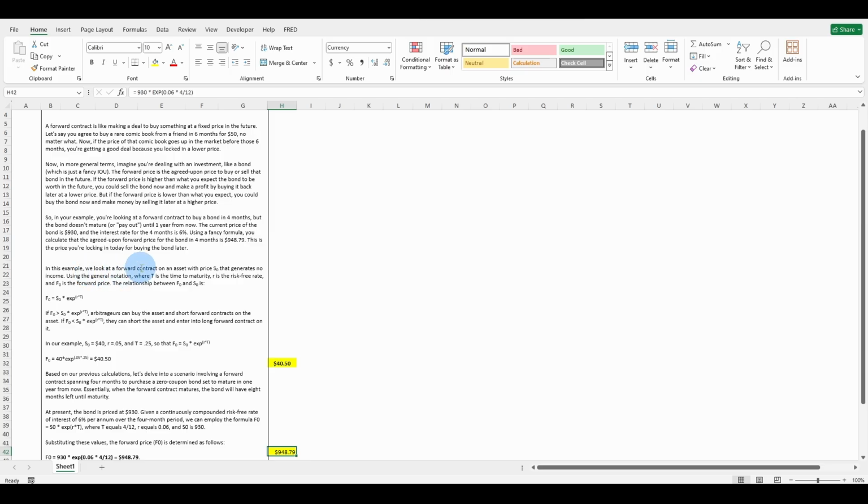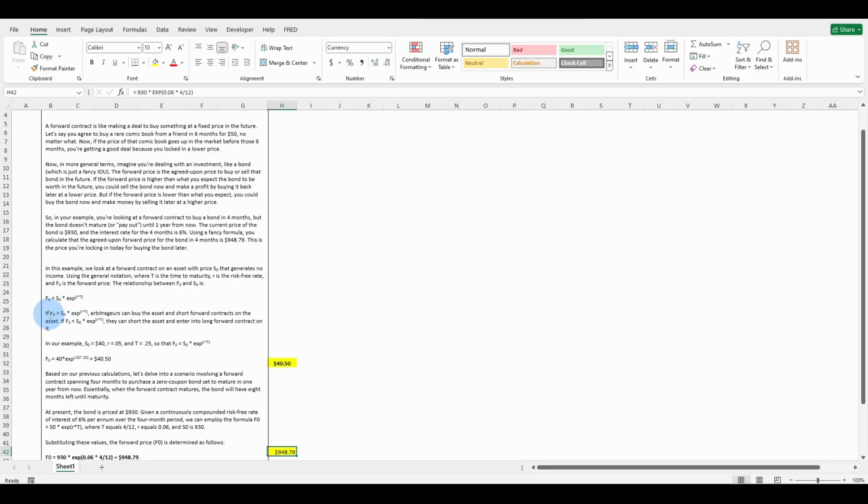In this example, we look at forward contracts on an asset with price S0. Remember S0. That generates no income, using the general notation where T is the time to maturity, r is the risk-free rate, and F is the forward price. The relationship between forward and current price is F0 equals S0 times e to the rT, the continuous compounding rate.